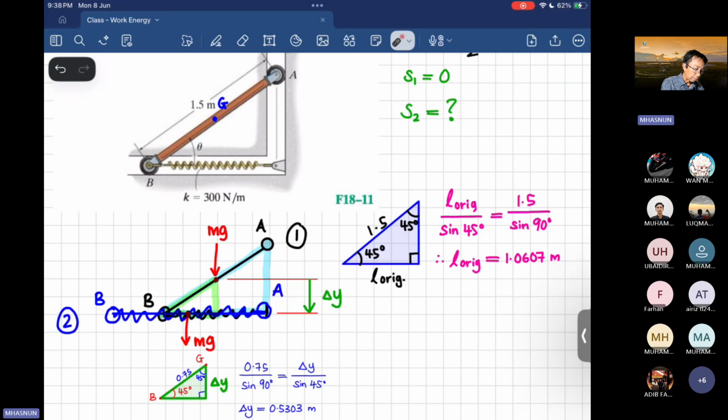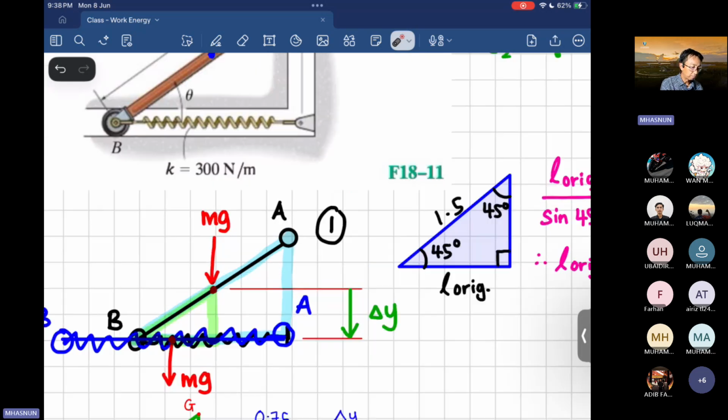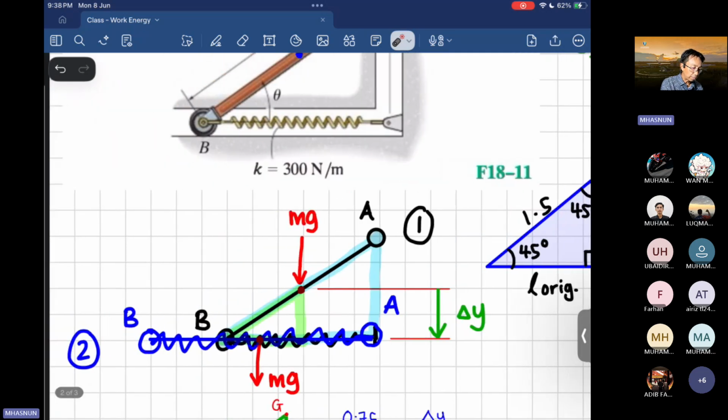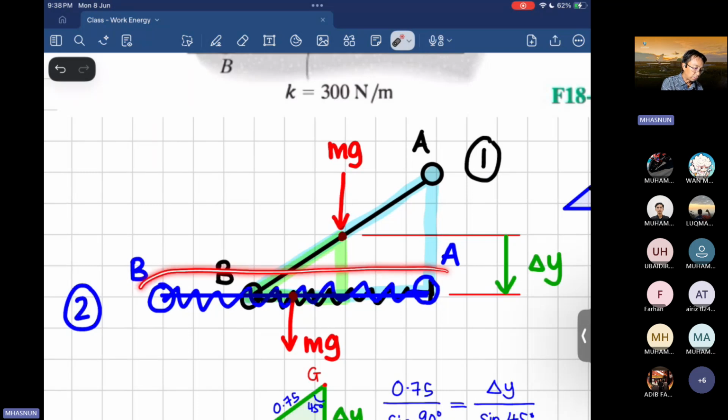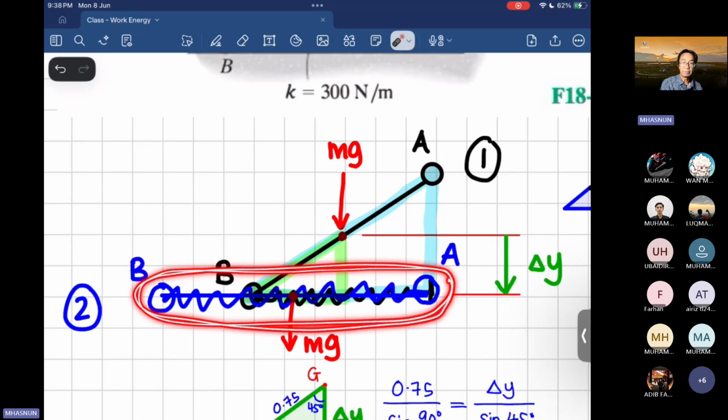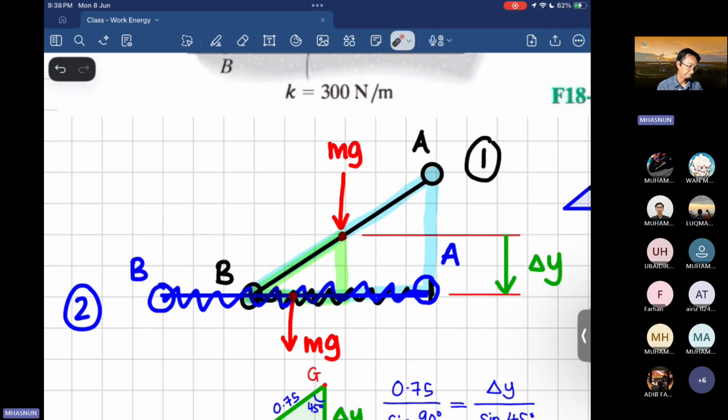So, anyone can tell me what is the length of the spring pada position yang kedua? Based on this drawing here, what is the length of the spring pada position yang kedua? Anyone? Any idea? 1.5. 1.5, exactly.